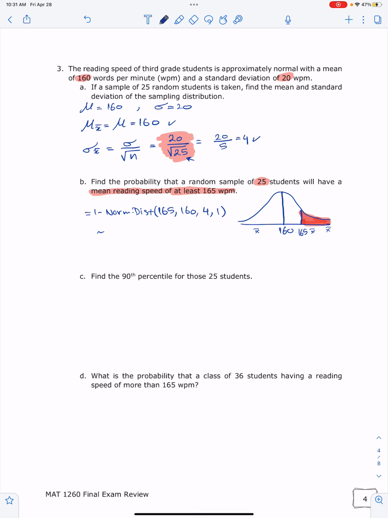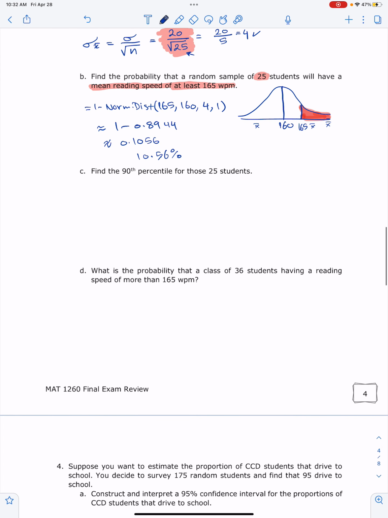This one, here we go. It's approximately 1 minus 0.8944, which equals 0.1056, which is 10.56%.